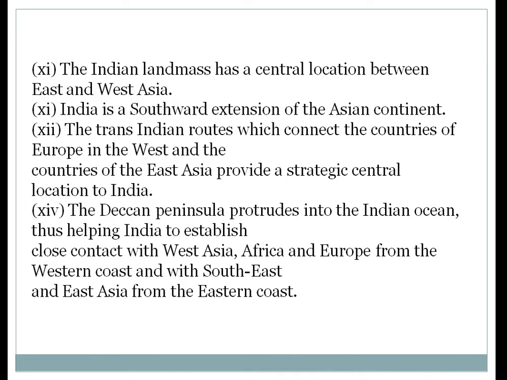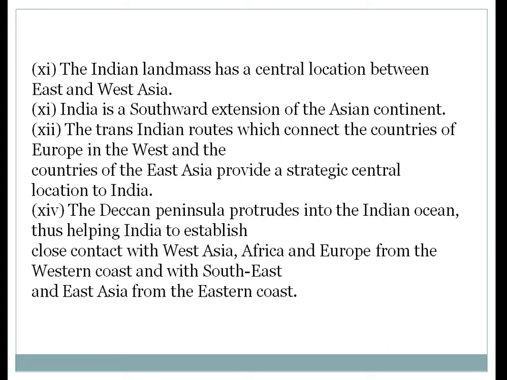Next, the Indian landmass has a central location between East and West Asia. Many times I have asked what is the significance of India having the central position in the Indian Ocean. India is a southward extension of the Asian continent.